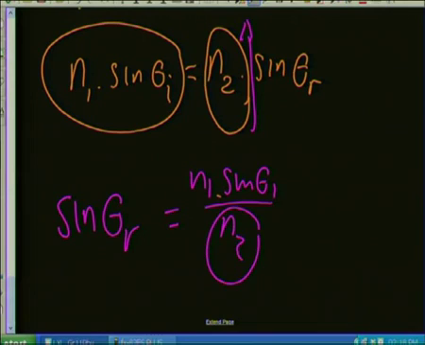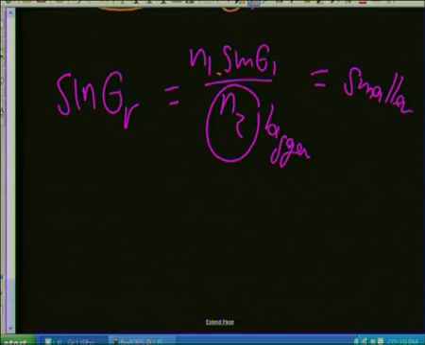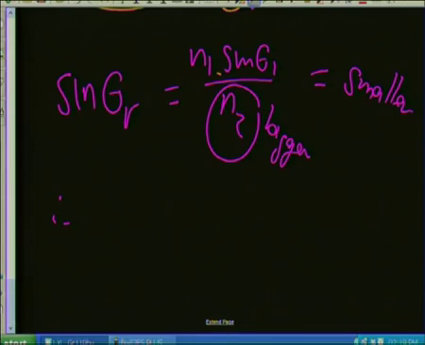This is bigger, which means that the fraction, the ratio, is going to get smaller. If you recognize from the sine graph, sine of 0 is 0. So the smaller the number, the smaller the ratio, the smaller the angle. So therefore, we're going to say that the angle of refraction is going to be smaller.